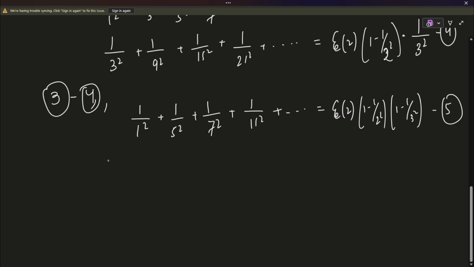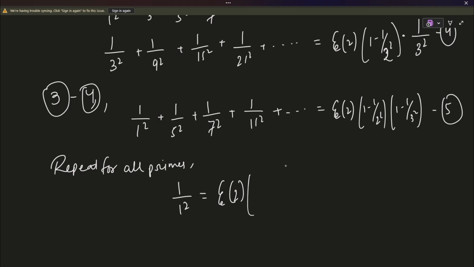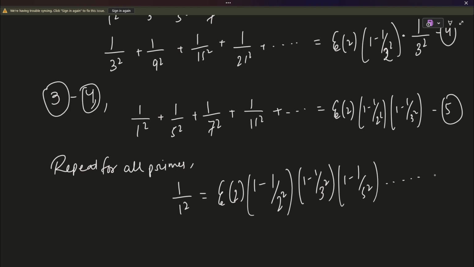So repeat this for all primes. By the end of this process, you would end up with only the 1 by 1 square term, because every number there ever is would be a combination of some primes, except for 1. So when you multiply by the next prime, subtract, and go on forever, you will simply end up with 1 by 1 square, and in zeta 2, it increases like this: 1 minus 1 by 2 square, 1 minus 1 by 3 square, 1 minus 1 by 5 square, and so on up to infinity.